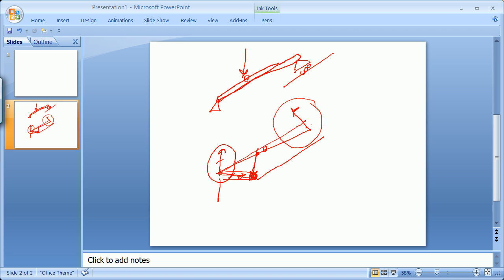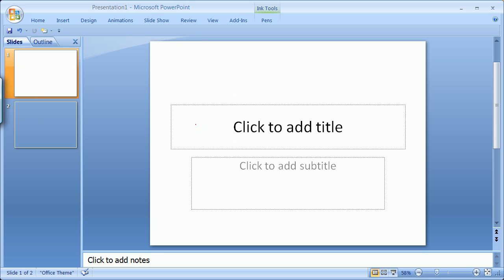Once again, try to avoid the easy way of just summing the forces, and think about the fact that this force here and this force intersect there. So these two forces come out of the equation, and now this force times distance equals this force times distance.